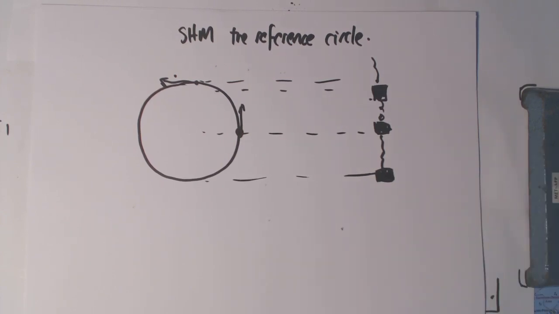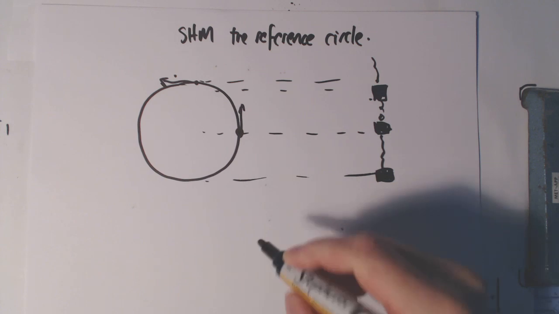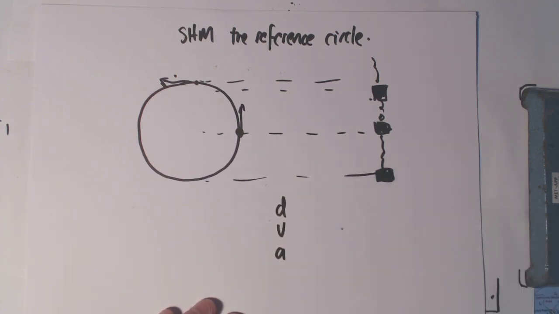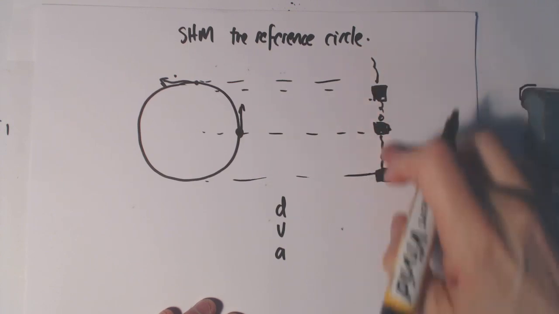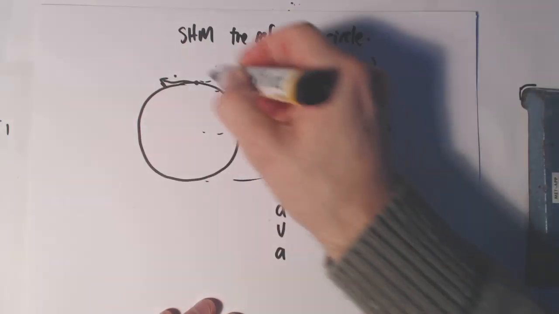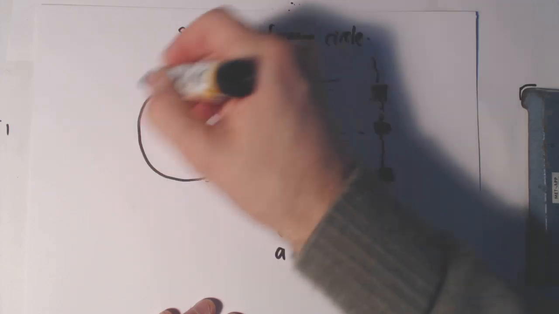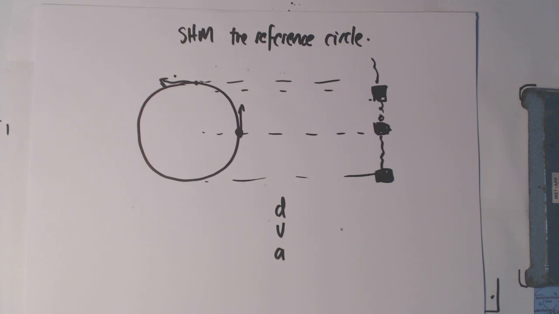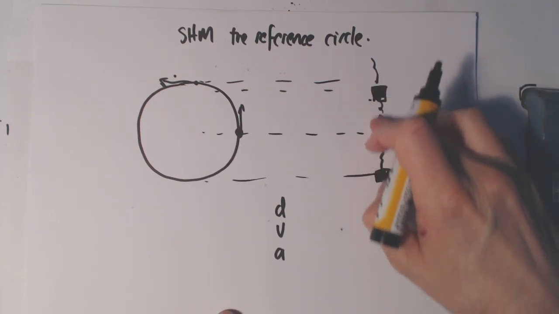It means that I can easily, well, not that easily, but I can work out all the components for the displacement, d, the velocity, and the acceleration of this. And the reason I can do that is because when this little guy goes around in a circle, its vertical component is going to be matching the vertical component of this.